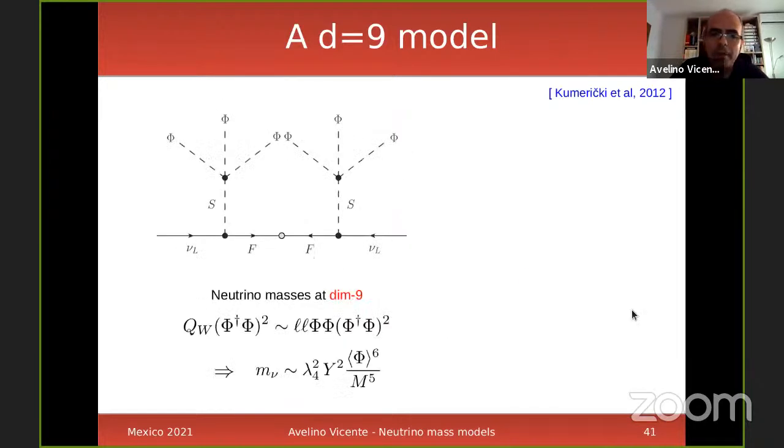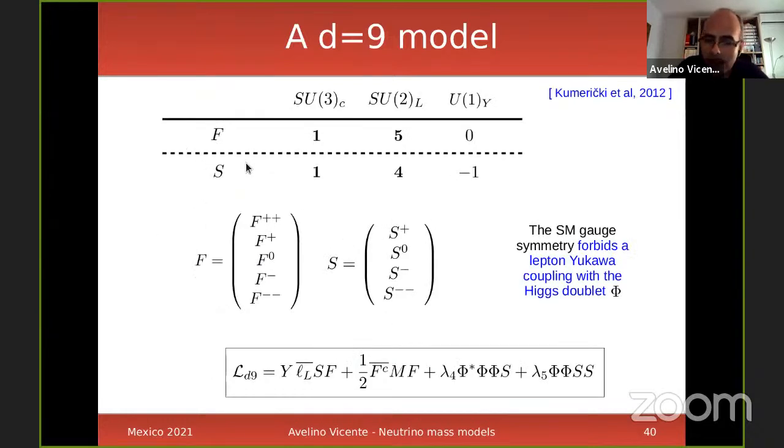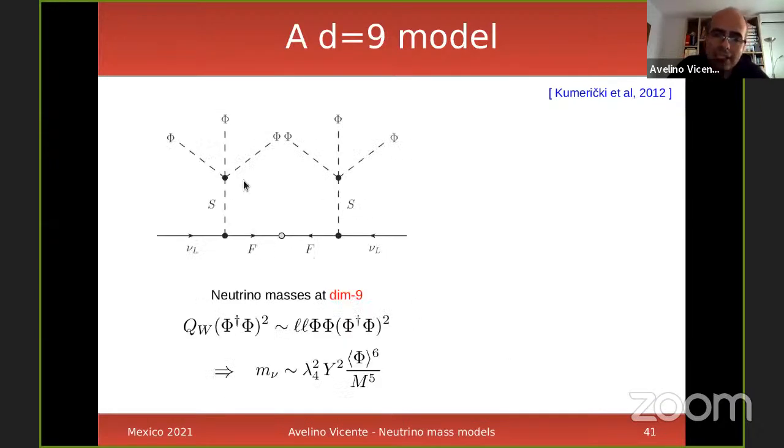So let me show you how this works with a diagram. This is the diagram that leads to neutrino masses in this model. You have the Yukawa coupling that I mentioned already with F and S. And now the vev of this scalar is induced by this quartic coupling with three Higgses. This is one of the couplings that I mentioned here. So you have Higgs, Higgs, Higgs, S. This is lambda 4, this coupling here.